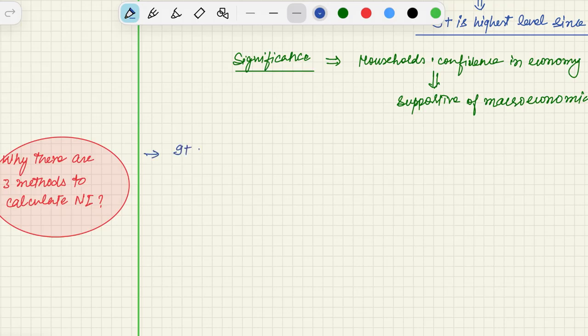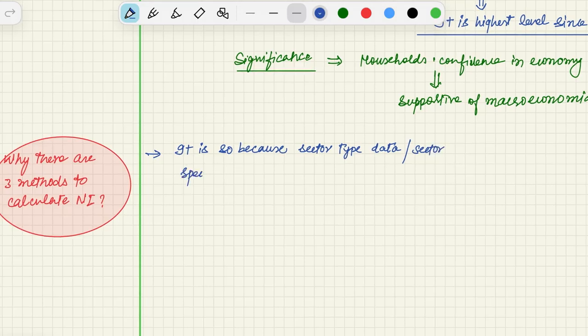It is so because sector type data, or sector specific data, is necessary to calculate national income.